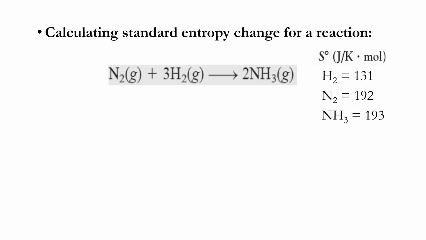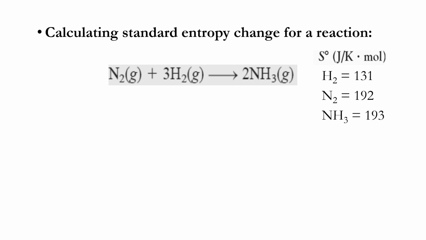Let's have this reaction. 1 mole of nitrogen gas reacts with 3 moles of hydrogen gas to produce 2 moles of ammonia, also in the gaseous state. In here, you will see the list of standard entropies of the substances involved in the reaction.